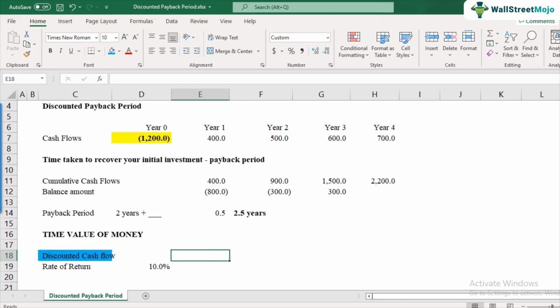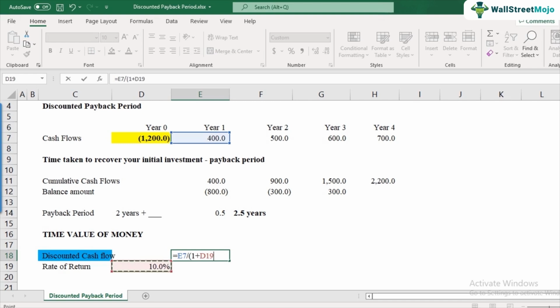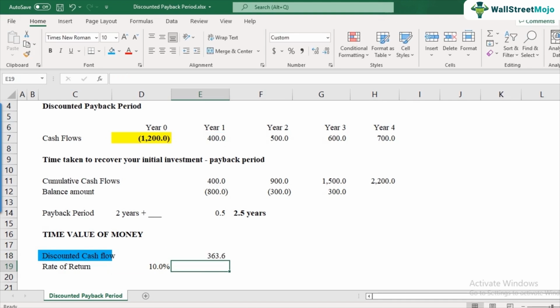What is a discounted cash flow? Here it will be $400 divided by 1 plus 10%. Okay, so I'm trying to find the present value of $400, right? And this is the amount of money that you're recovering in actuals because of time value of money concept. Okay, so 363.6 and not 400.